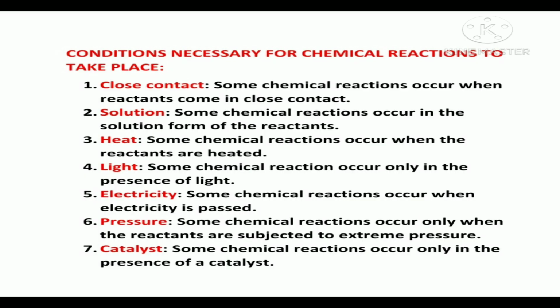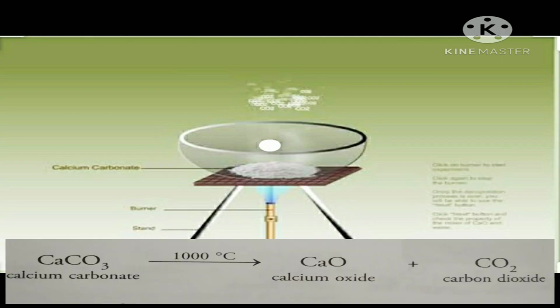The next condition is that some chemical reactions occur only when the reactants are heated. So let's see an example of a reaction in which this condition is required. We have already done this reaction. When calcium carbonate is heated to a temperature of 1000 degrees Celsius, it decomposes to give calcium oxide and carbon dioxide.